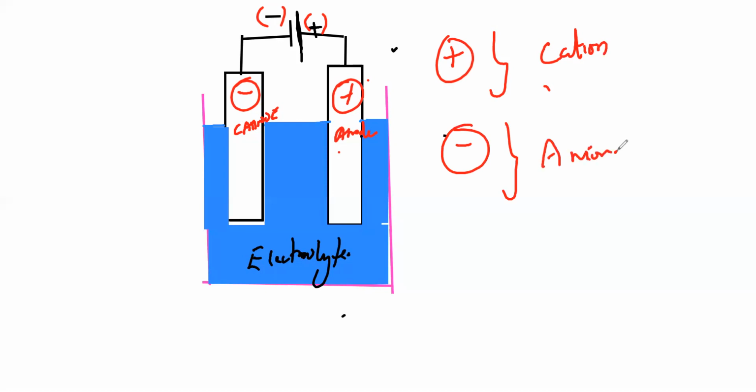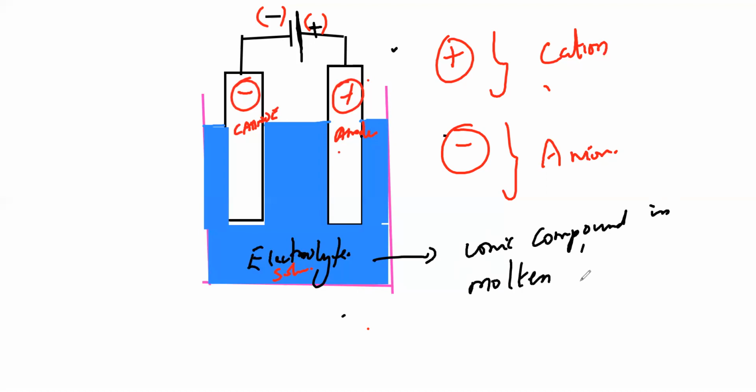Then we have the electrolyte solution here. What is the purpose of this electrolyte? This is the ionic compound in solution or in molten state.